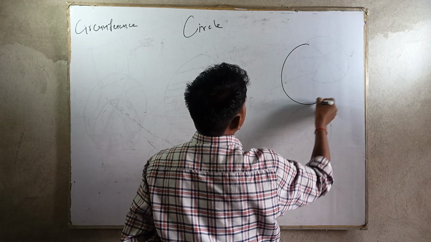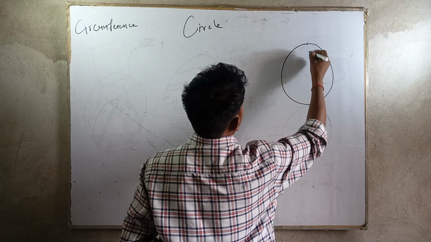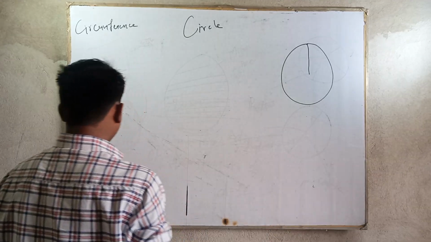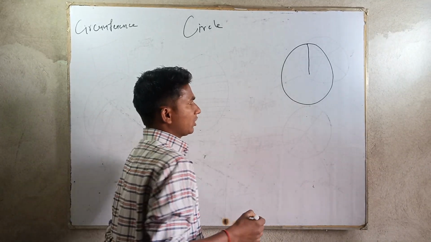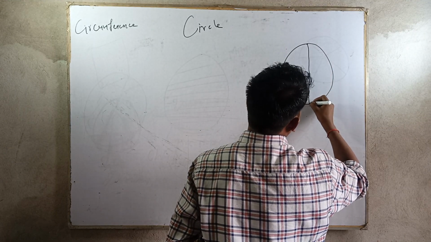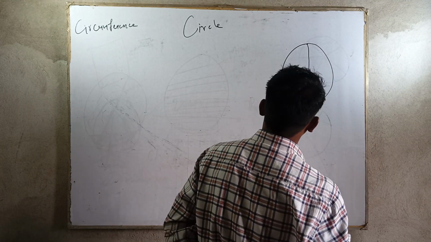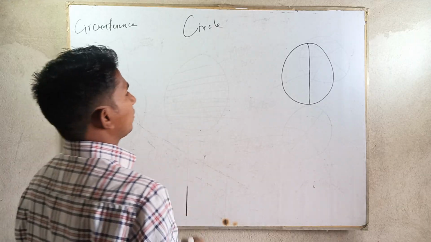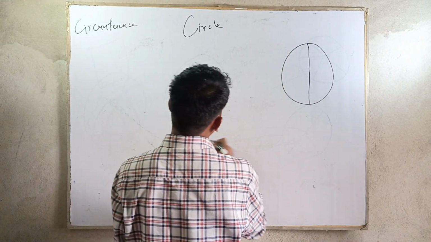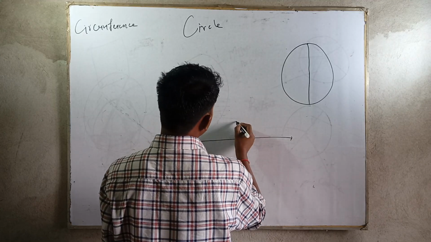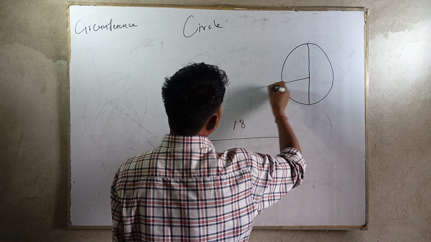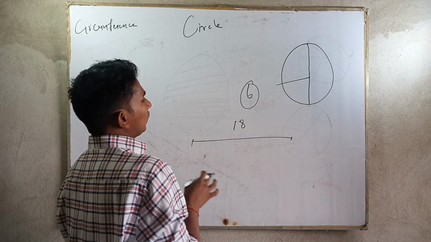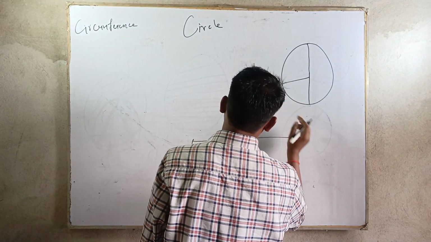Suppose this is a circle and this is its radius and circumference. It is said that the circumference is always a little more than three times its diameter. For example, if the diameter is 6 centimeters, the circumference will be more than three times that.